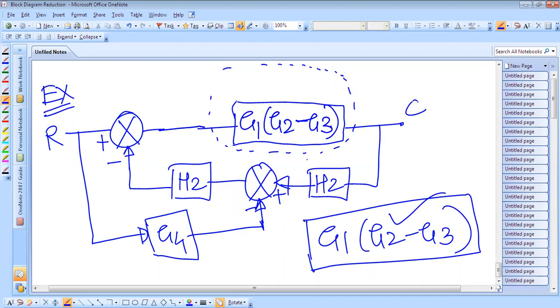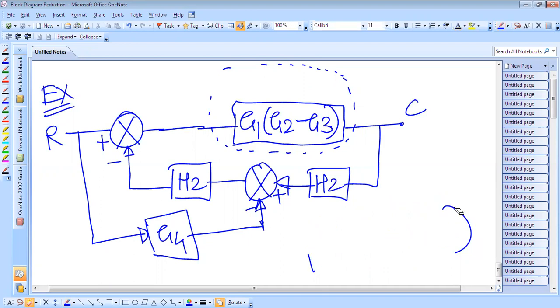Two blocks were connected in series, so I have taken only one block and multiplied the gains of those two individual blocks. Now again, I can shift this summing point after a block.